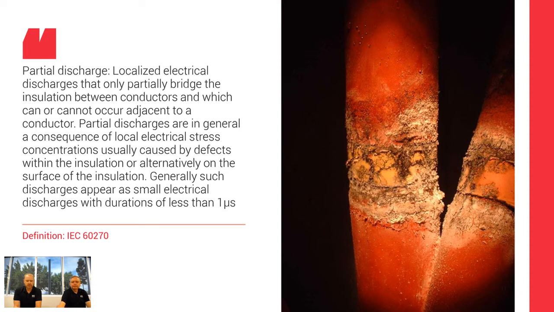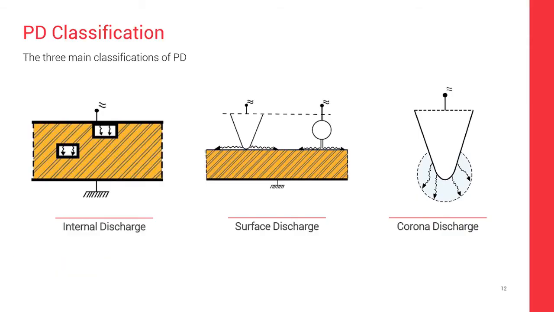The defects that cause this are electrical. The defects that cause PD create high electrical stress points, and those defects will either be on the inside of insulation or on the outside of insulation. So there are 3 main types of PD classification.